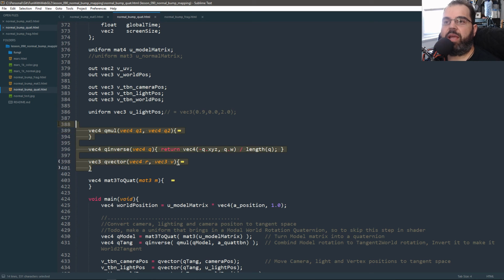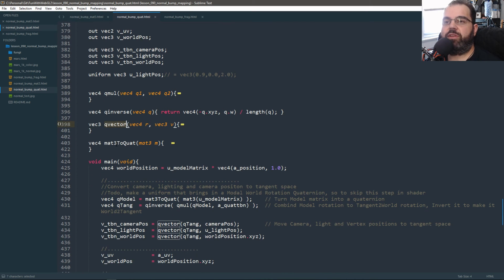So that's why we have some functions in here for quaternion multiplication, quaternion inverse, and how to multiply a quaternion on a vector to rotate it. And then we have another one called mat3 to quaternion. But just like remember in the last version, we need to move our rotation into world space, because our rotation exists in model space.